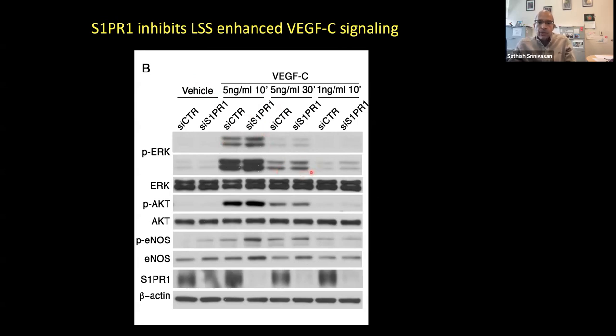I hope you can see, this is a very subtle difference, but compared to control cells, when we knock down S1PR1, we see an enhancement, especially of ERK, more so than AKT. There is a mild increase in AKT, but ERK is more prominent. Once again, you can see this increase in phosphorylation of ERK.